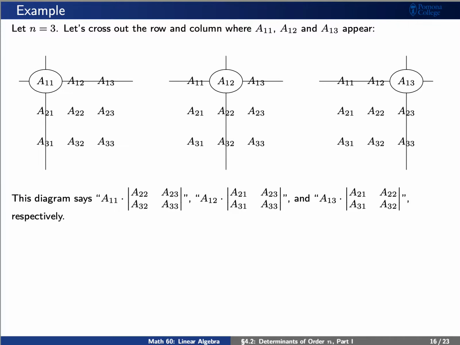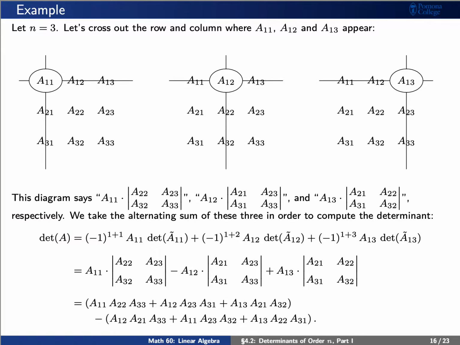Roughly speaking, this diagram says that we'd like to take a look at A11 times the determinant of A11 tilde. This is just simply the determinant for the matrix A22, A23, A32, and A33. We can do the same for the other diagrams corresponding to A12 and A13.